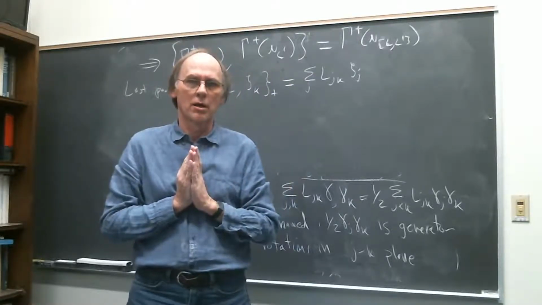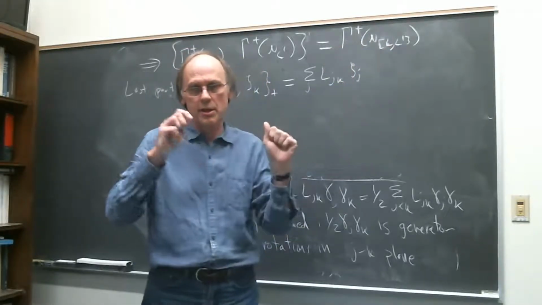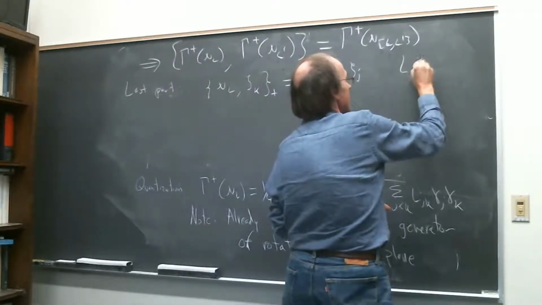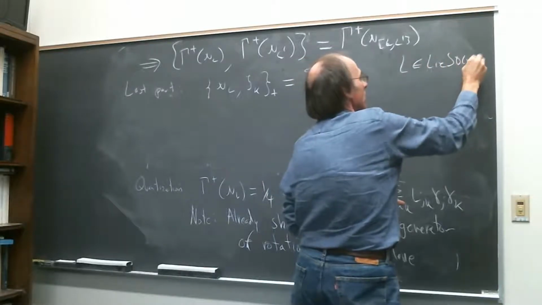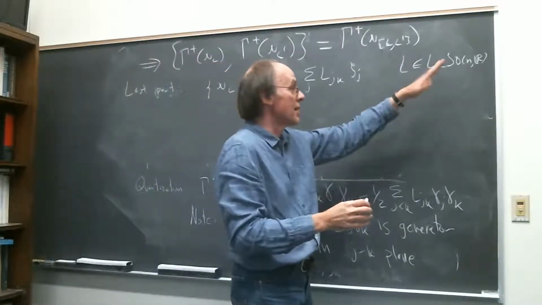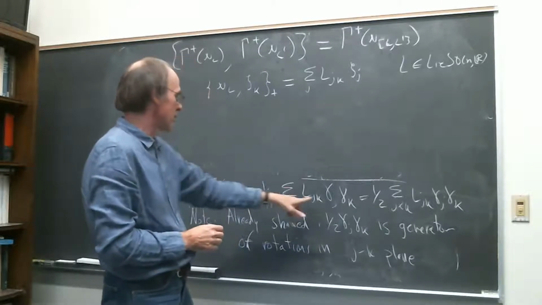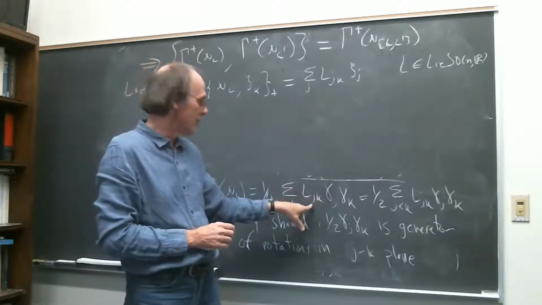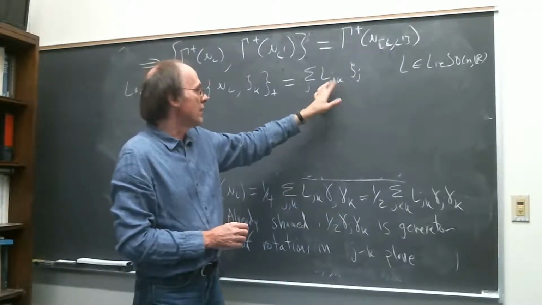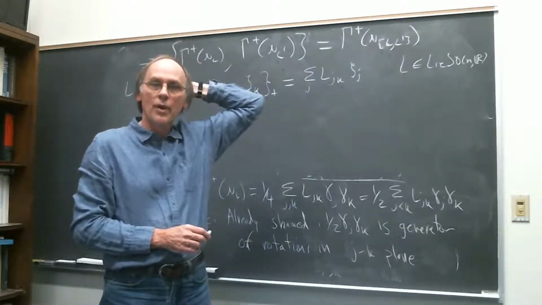Yeah. So whenever I write down L, it's an element of the Lie algebra of SO(n,R). But since I'm doing all these calculations with respect to a basis, with respect to that basis, it's just an antisymmetric matrix, and these guys are just the matrix elements of this matrix. That's all.